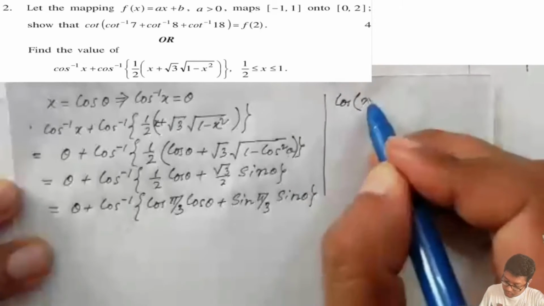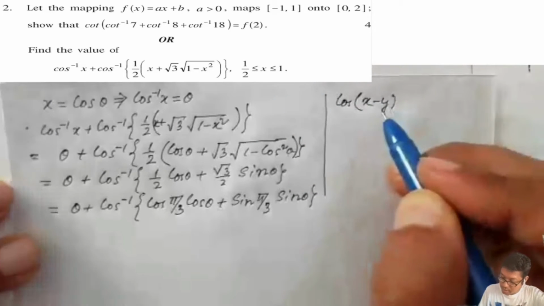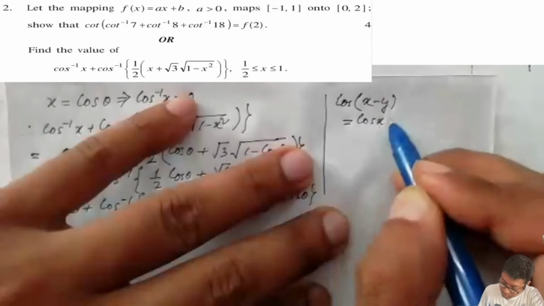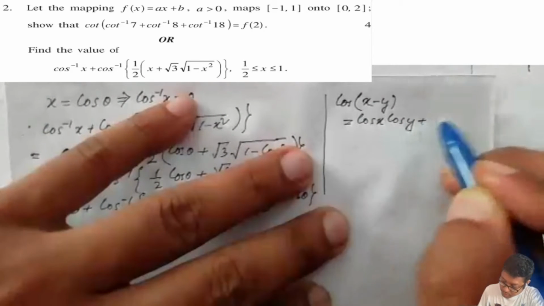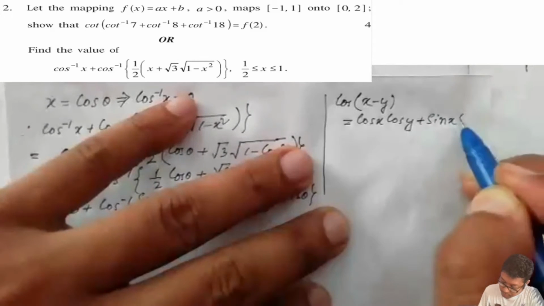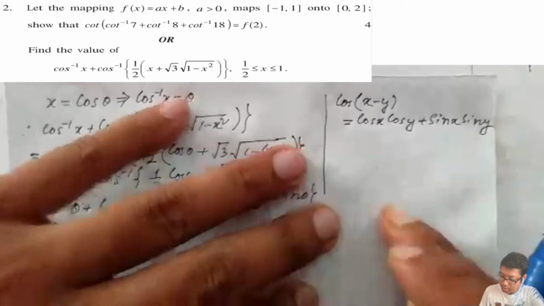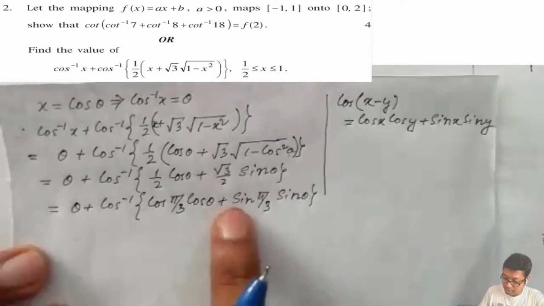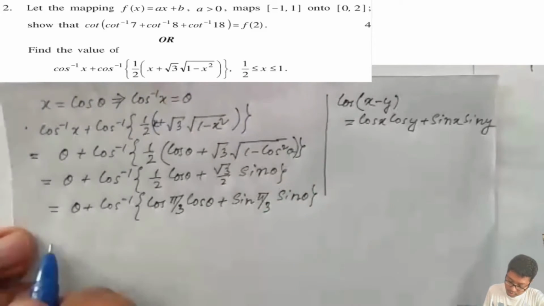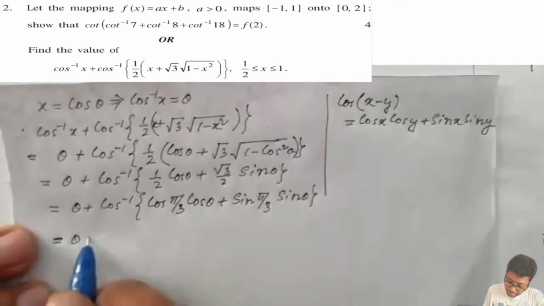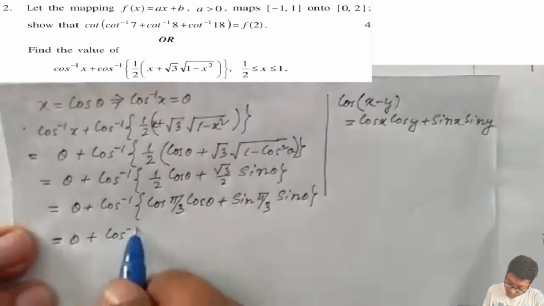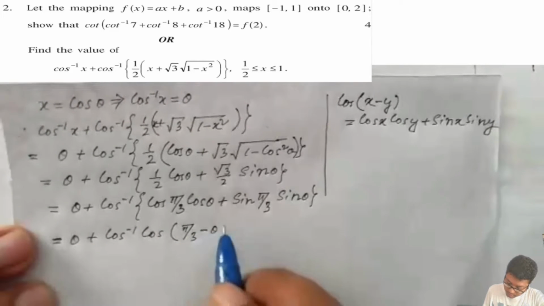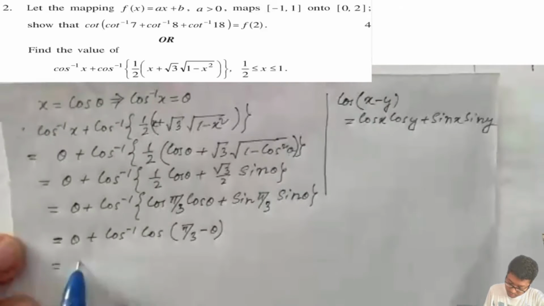Let me recall one result. Cos of x minus y is equal to cos x cos y plus sin x sin y. This formula I'll be using here. So I can write cos inverse of cos of pi by 3 minus theta, plus theta.